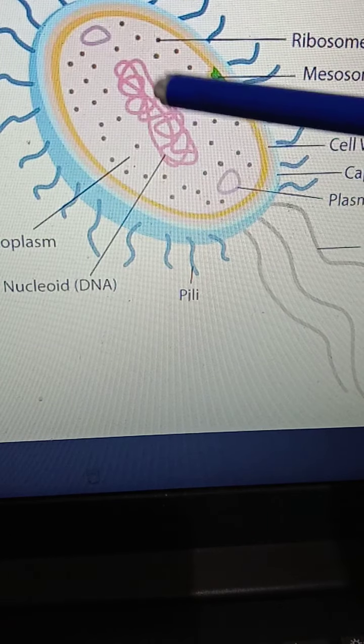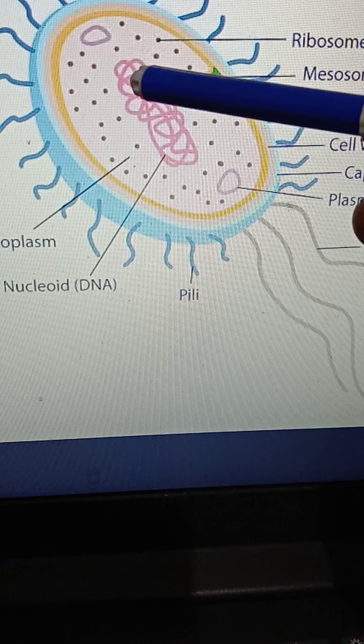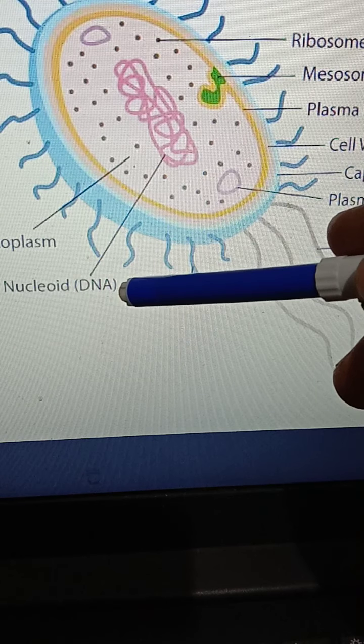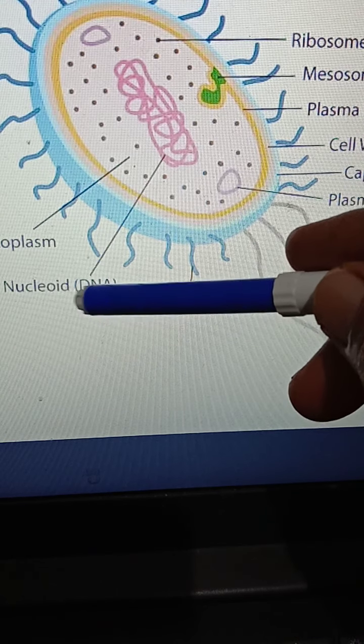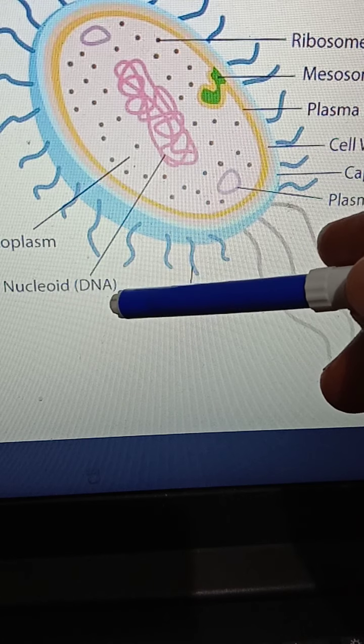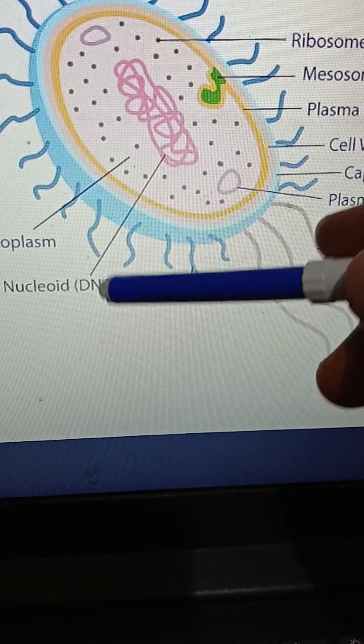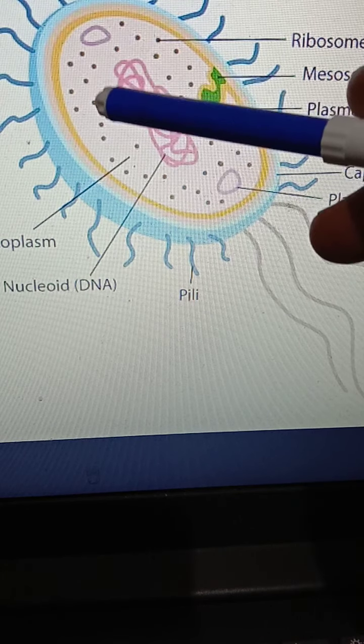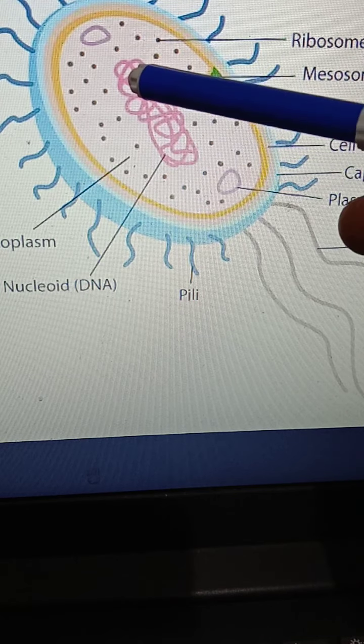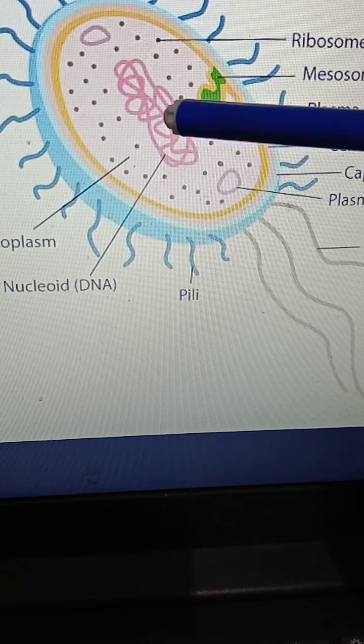The genetic material of a prokaryotic cell is known as nucleoid DNA or naked DNA. It is also known as the incipient nucleus.